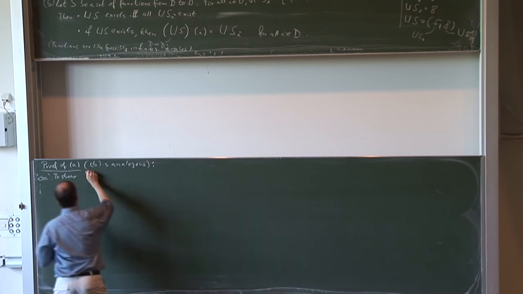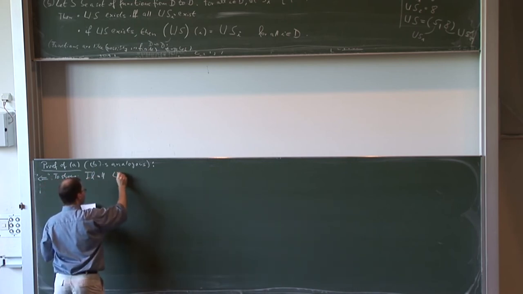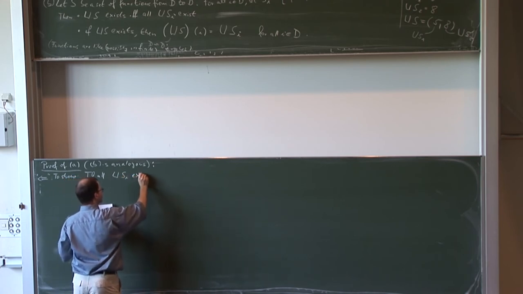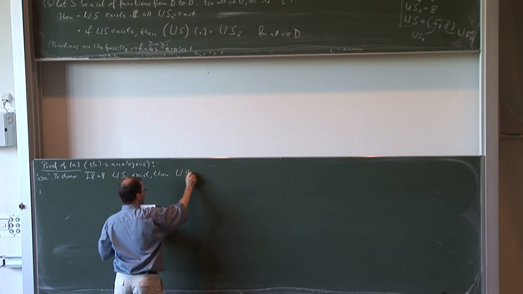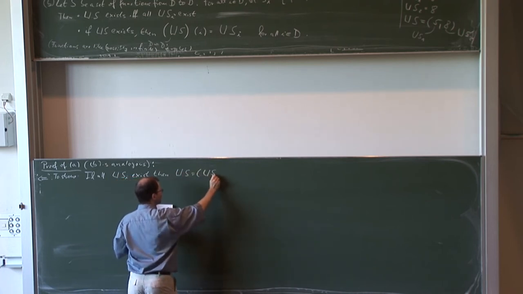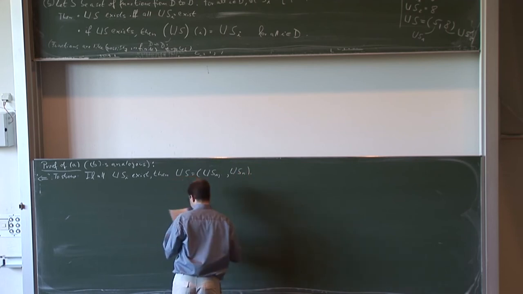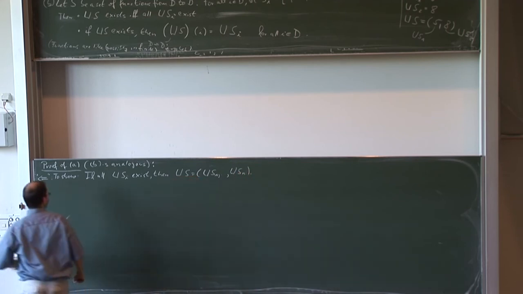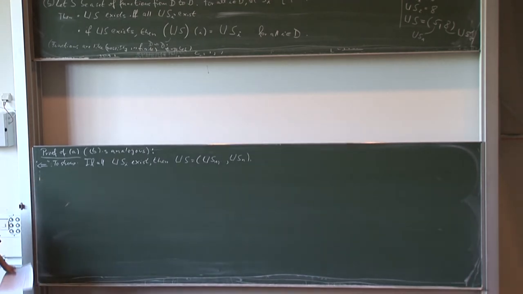So what we show is if all least upper bounds of the Si exist, then the least upper bound of S exists as well, and it looks like this. It's the least upper bound of S1, through the least upper bound of Sn. So this is what we want to show first.